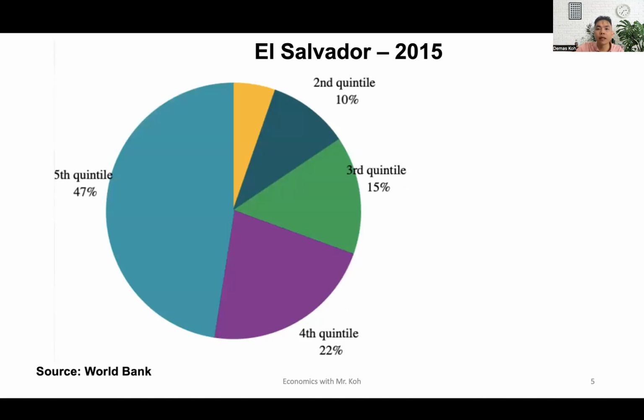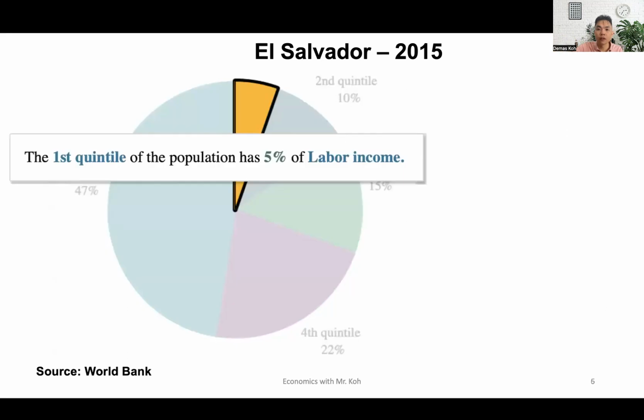Right? And then in El Salvador, the next quintile, so the second quintile, possesses 10% of the total income of the country, and so on and so forth.